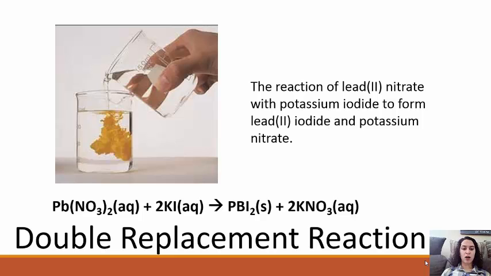And again, our products and reactants are aqueous in all compounds, and they are all properly written with correct ionic compound form, so our charges are equal.